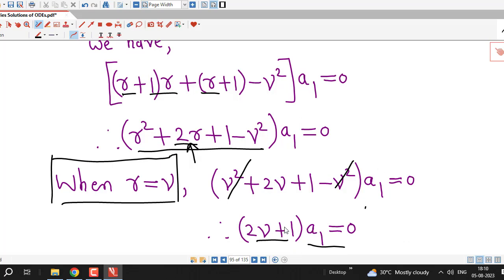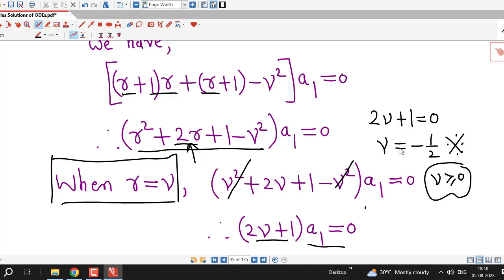Now because this product is 0, either a1 is 0 or 2ν+1 equal to 0. Suppose 2ν+1 equal to 0, then we will have ν equal to −1/2. But this is a contradiction. Why? Because in Bessel's equation we have this ν as a non-negative real number.